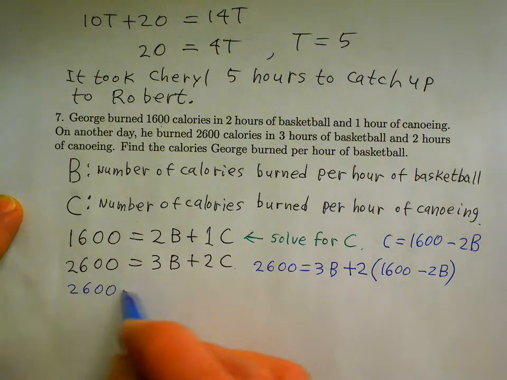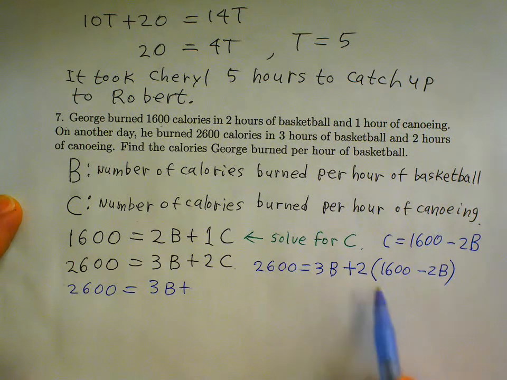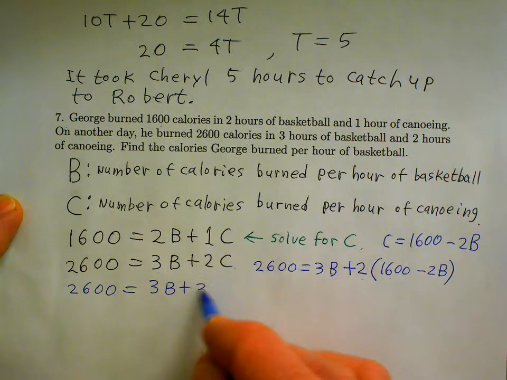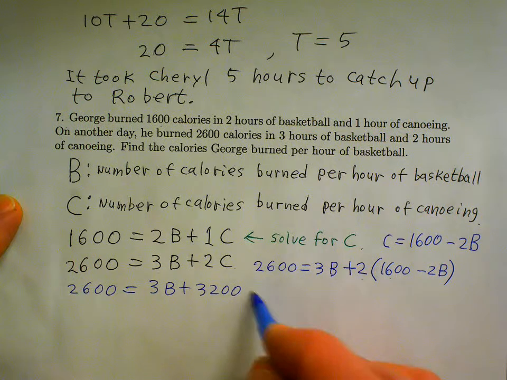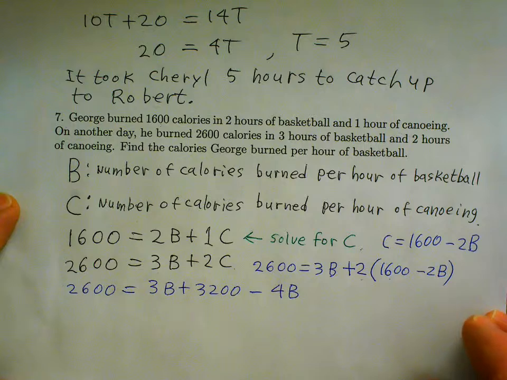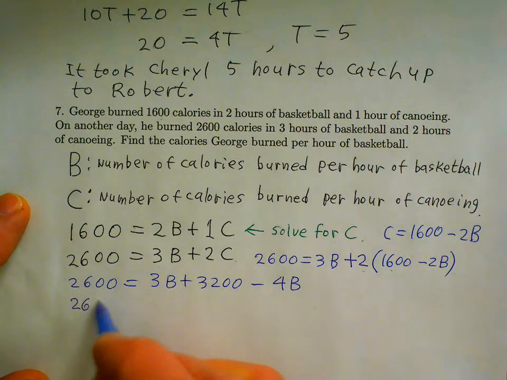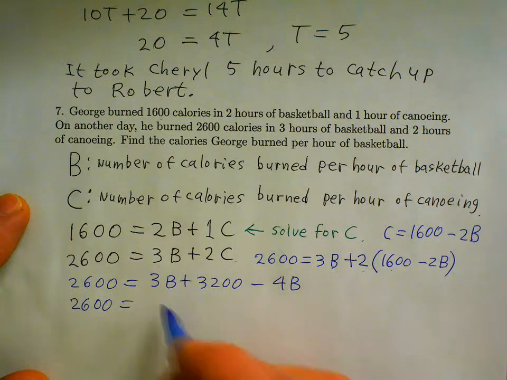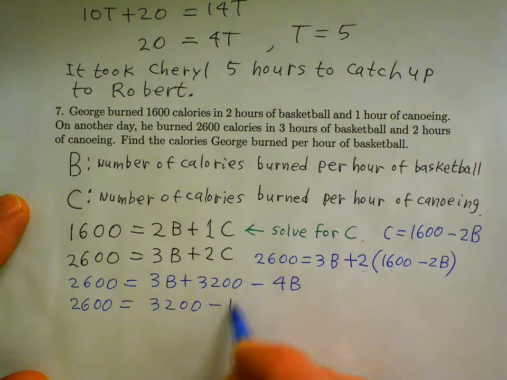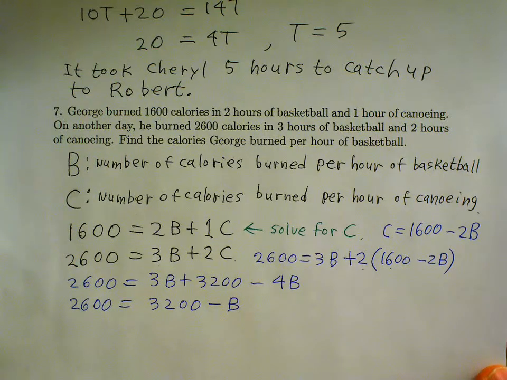So 2600, and then do the arithmetic on the right-hand side. 3B, and then plus 2 times 1600 is plus 3200. And minus 2 times 2B is minus 4B. And when we combine like terms, on the right-hand side, we get 3200 minus B. Okay, the next step, we can do a couple of things at once.